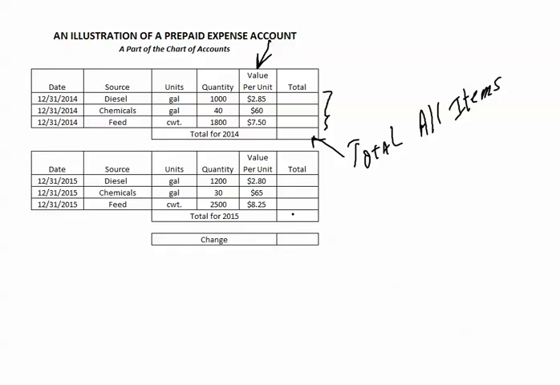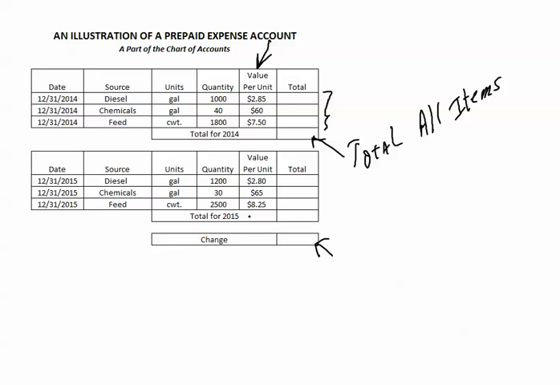Okay. Now, here's where things are a little different. Pay very close attention. It's not going to completely explain why, but it will when we get to the financial statements. But when you get to the change here, what we have done in each of the others is we've taken the current year and subtracted the previous year. It's going to be the opposite for prepaid expenses, and I don't want to get into right now why, because that will be a part of the financial statements.